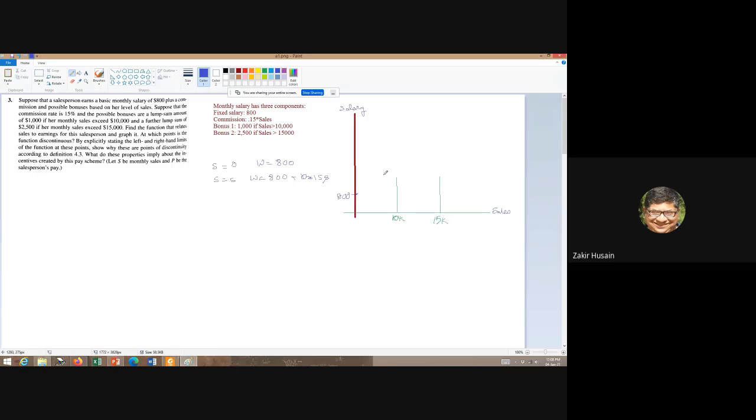If you don't work, you're going to get 800. If you sell something, let us say the value of the sales is small s, you will get 15% of that sales value in addition to your income, 800. Is it clear? Yes, sir, it is clear. So your wages will be 800 plus your commission, 0.15 into S.